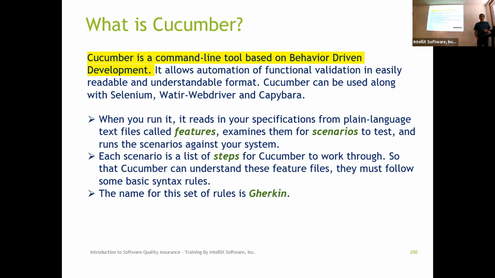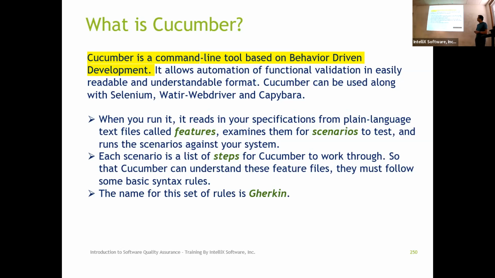When we write given when then, it's plain English. We are not using anything specific. Anybody who can read it can see what you mean, but the tool will interpret whatever you wrote and then start automating.